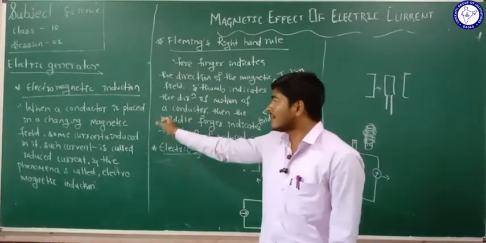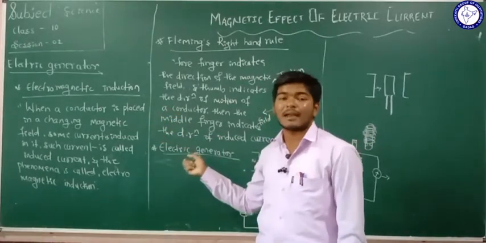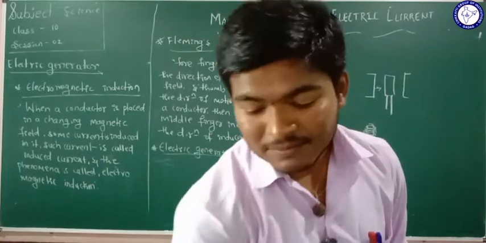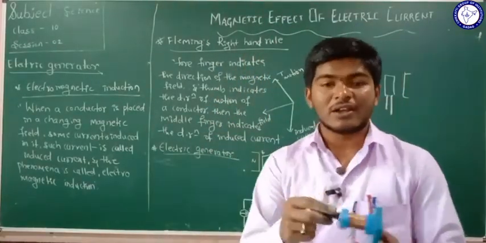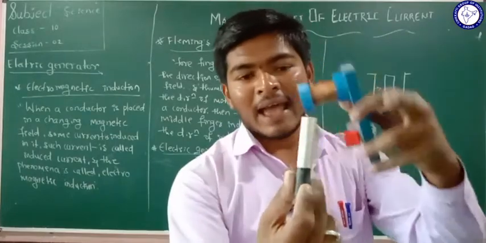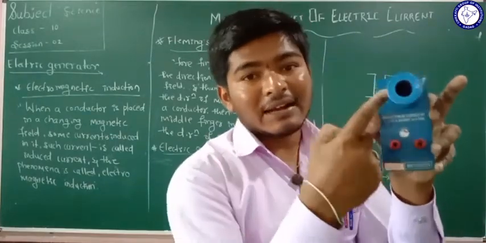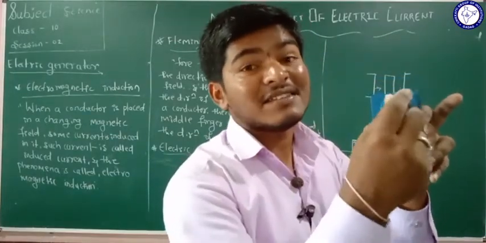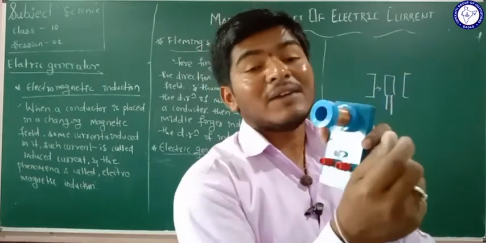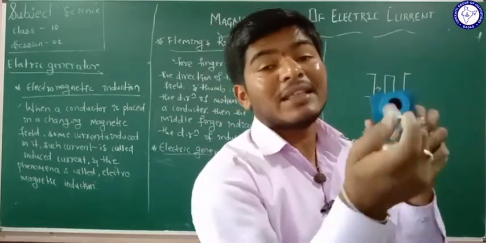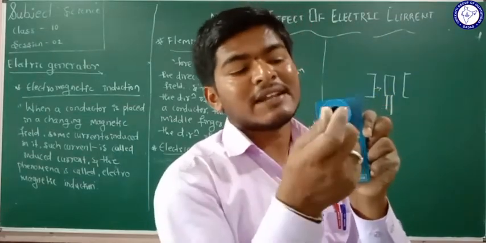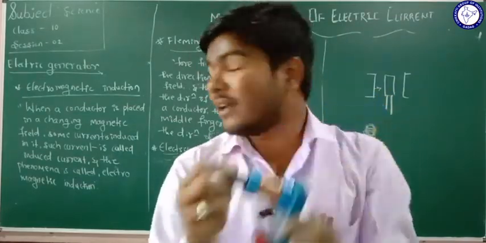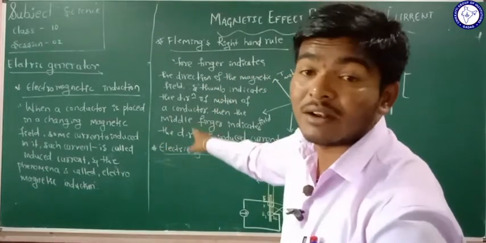When a conductor is placed in a changing magnetic field, so this is the magnet, it has the magnetic field. When a conductor is placed in a changing magnetic field, the magnetic field changes here continuously with the movement of the magnet, isn't it? When a conductor is placed in a changing magnetic field, some current will be induced.